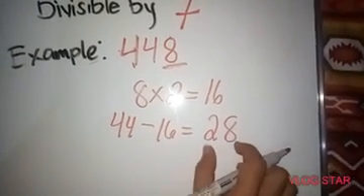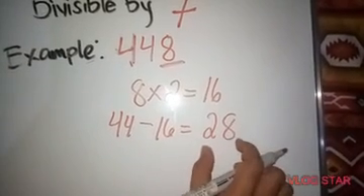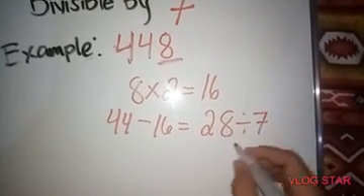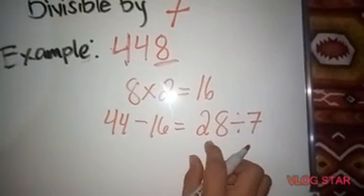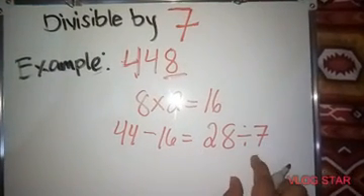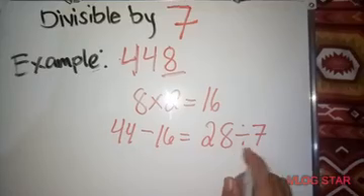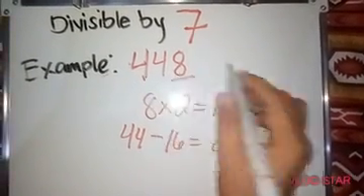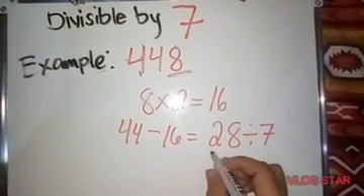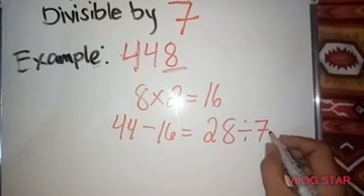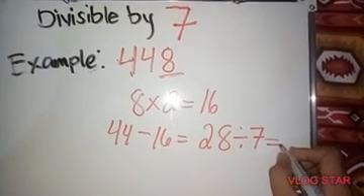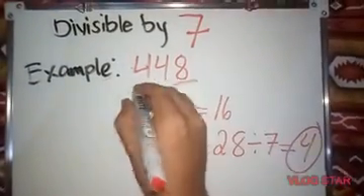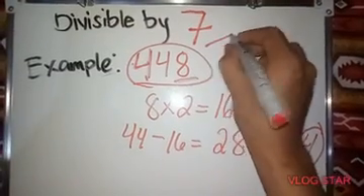Then after getting the difference, let's divide it by 7. If 28 can be divided by 7 with no remainder, meaning to say 448 is divisible by 7. So let's see. 28 divided by 7, the answer is 4. Since there's no remainder, 448 is divisible by 7.